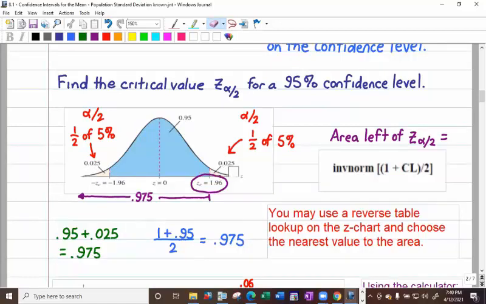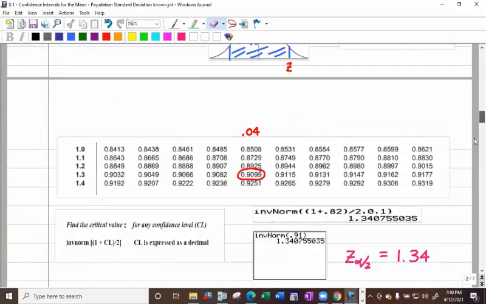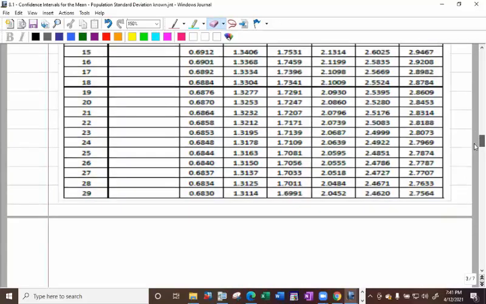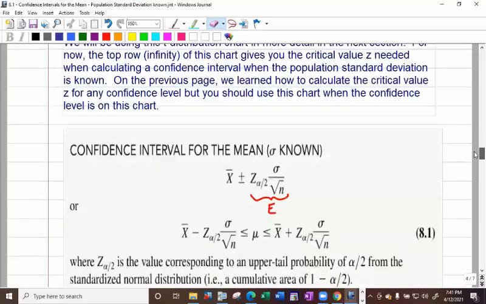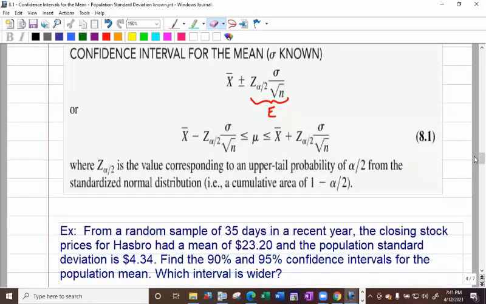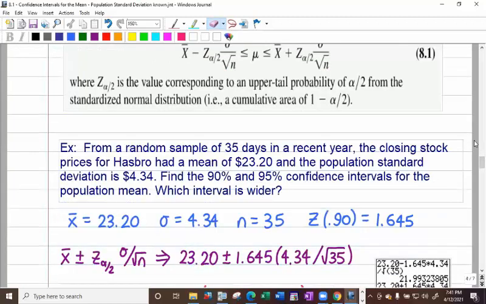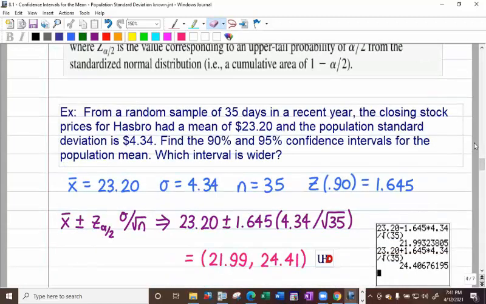So this little piece of alpha over 2 means the rest of it's the area to the left. That's just a symbol that you don't have to worry about. It's not like it's going to be a different symbol in some problems where you have to distinguish it. That's just the definition of it. Some books use C for critical value. They'll just use a ZC or whatever. So it doesn't matter.